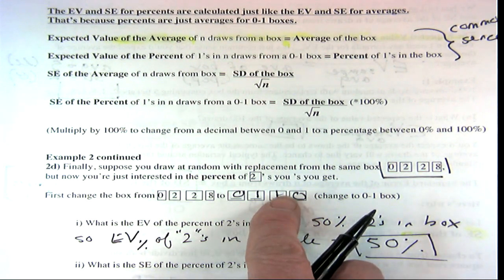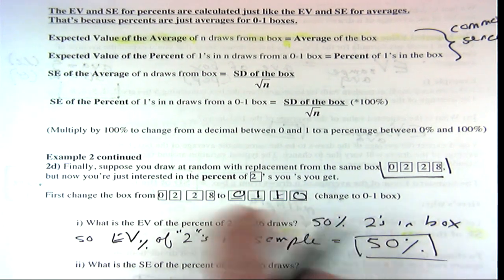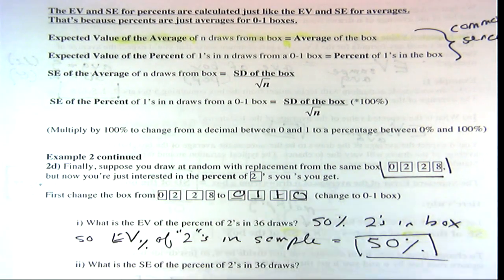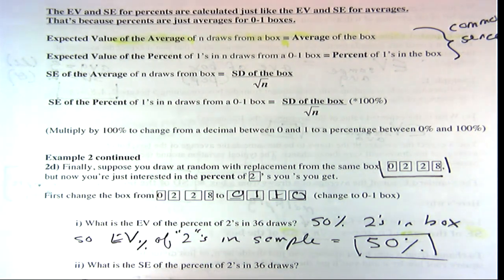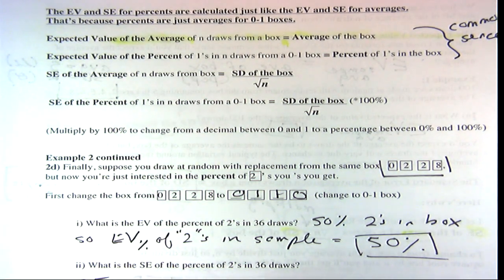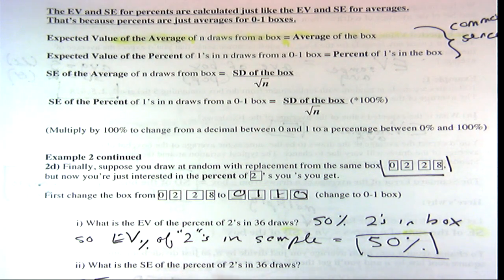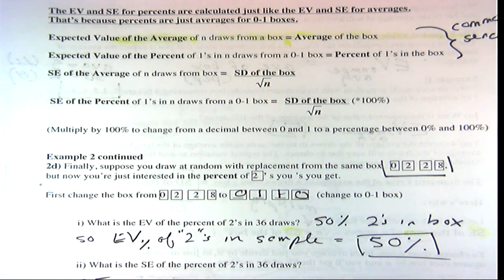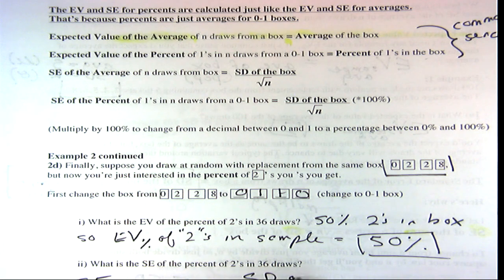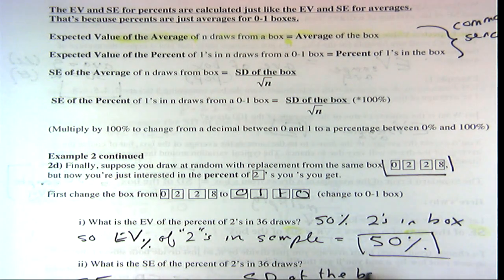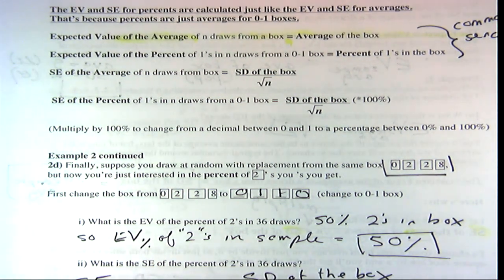To figure out the standard error, we're going to have to figure out the standard deviation of that box and use our formula. So the standard error for the sample percent, for this percent of twos in your sample, is equal to the standard deviation of the box, which you can call sigma, over the square root of n.